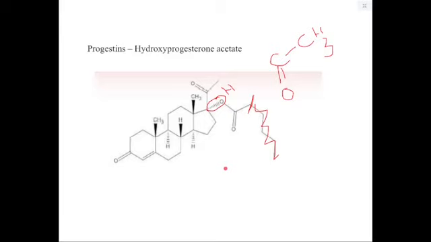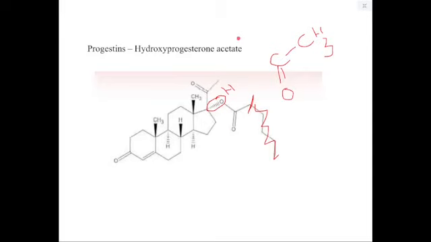And then acetate: hydroxyprogesterone acetate, because of the fact that that's a CH3 C double bond O, so acetate. And of course, because it's an ester, that's where the acetate is coming in. So this CH3 C double bond O is a unit group which is responsible for the acetate.